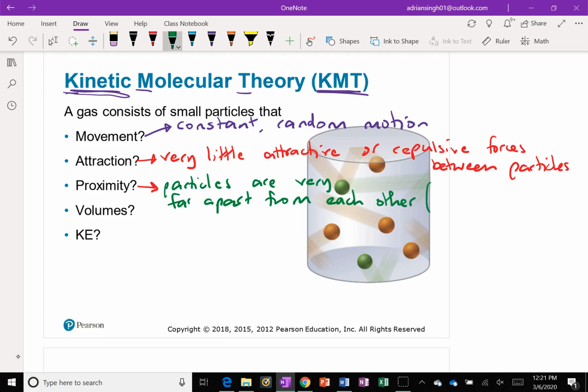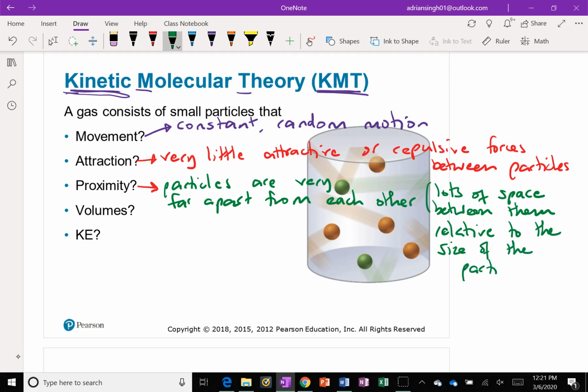And this would then mean that there is lots of space between them relative to, or compared to, the size of the gas particles themselves.